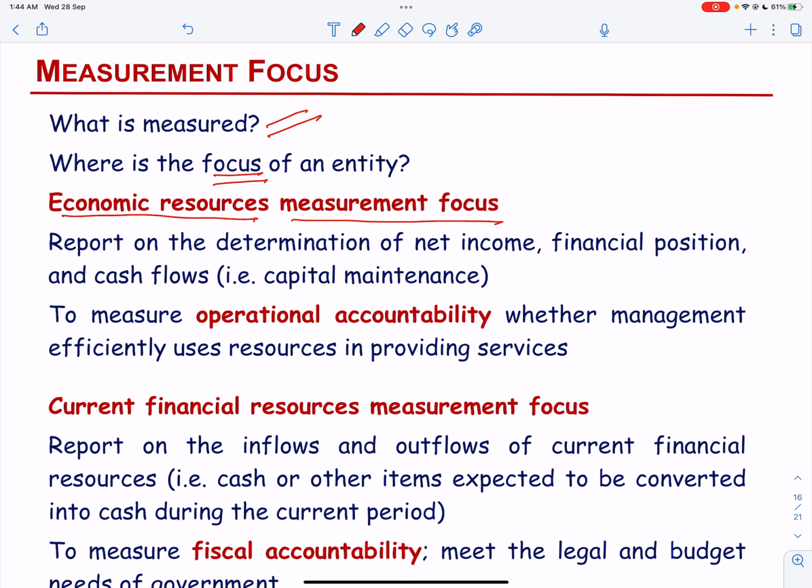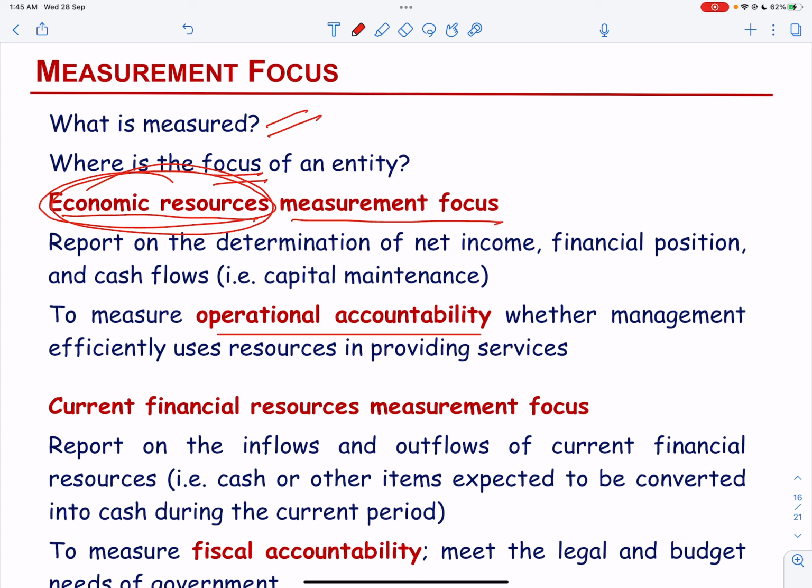So, the focus is on all the assets and liabilities, and it records all the long-term assets like building, equipment, etc., and all the long-term liabilities too. And the focus is to measure the operational accountability, how well the government has operated, including the long-term assets and long-term liabilities. So, the government is using the accrual basis of accounting when the focus is on economic resources.